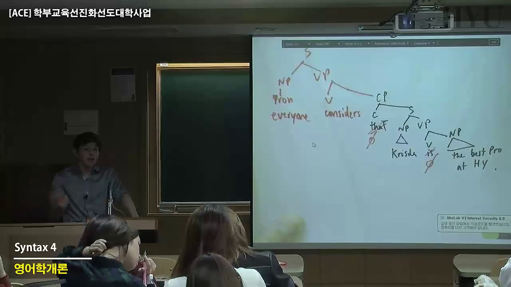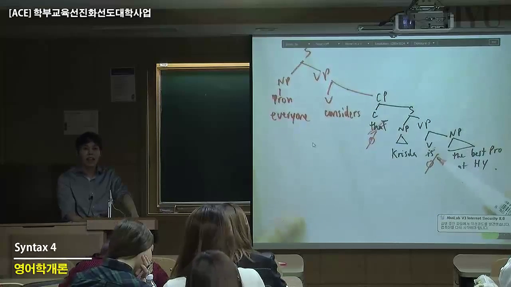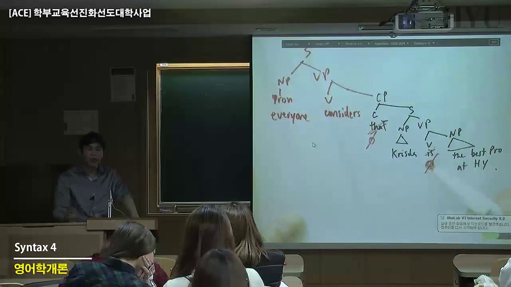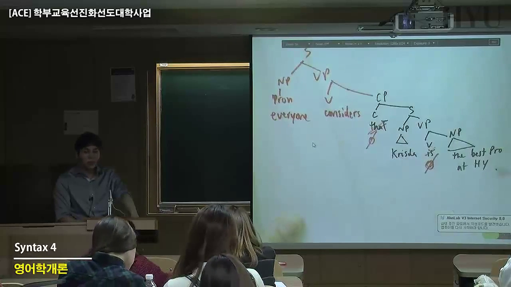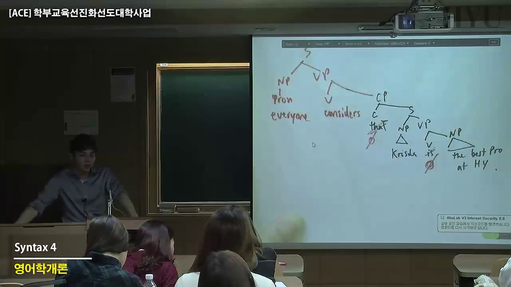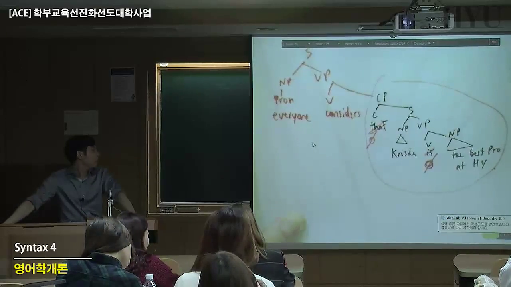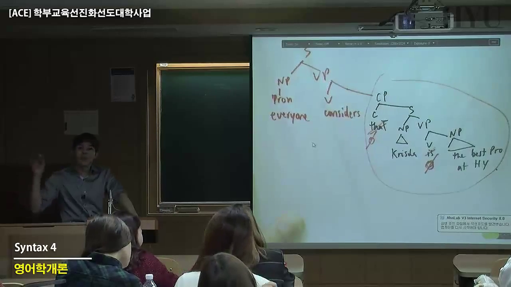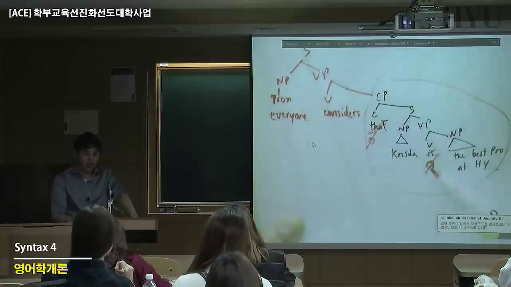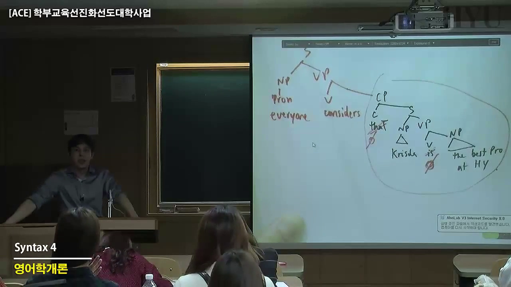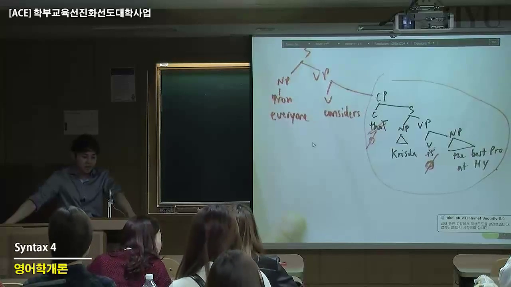So everything is the same. It's just that the small clause version lacks the complementizer and it lacks the V. So we put in the 0. So it will read, "everyone considers Chris Da the best professor," same thing, right? But it still has the same structure here. So the difference is the missing complementizer and the missing V. But everything is the same, okay?